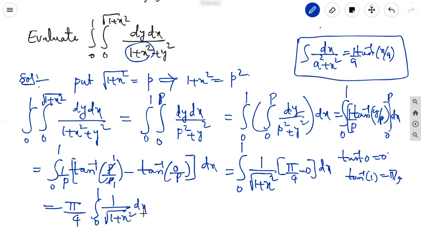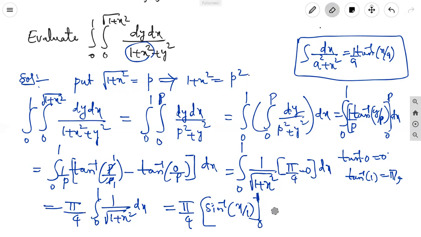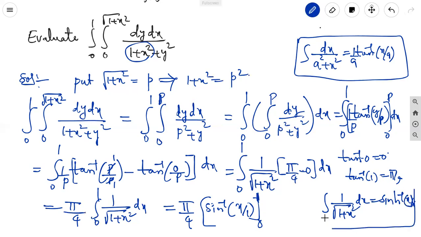The integral of 1 by under root of 1 plus x square is the sine h inverse formula. Pi by 4 sine h inverse of x by a, here x by 1, plus c, with limits from 0 to 1. The formula is: integral of 1 by under root of 1 plus x square dx is sine h inverse of x by a, or x only if a is 1.